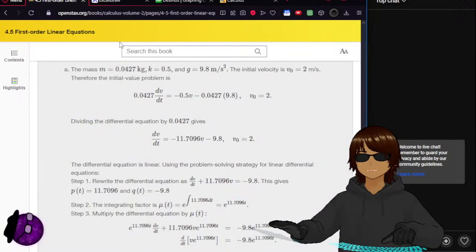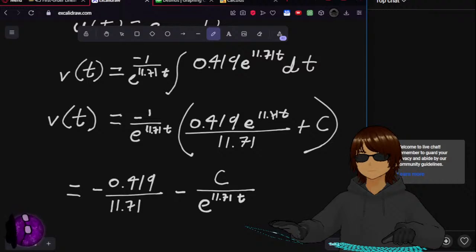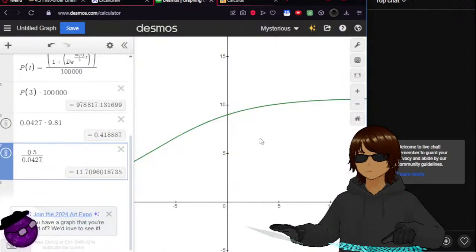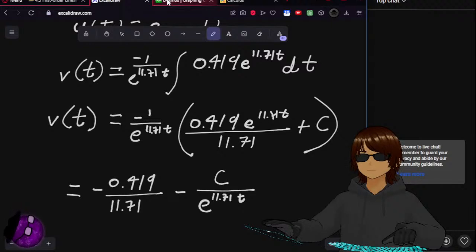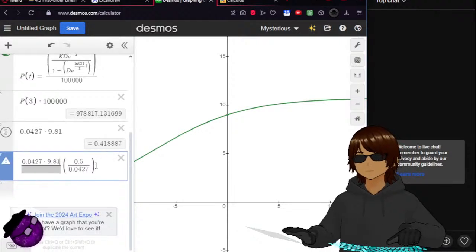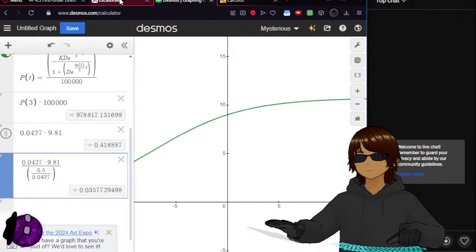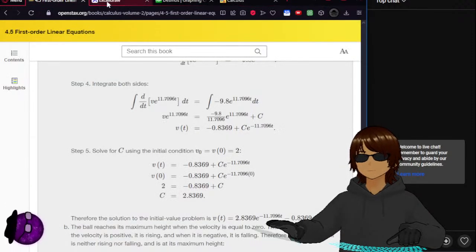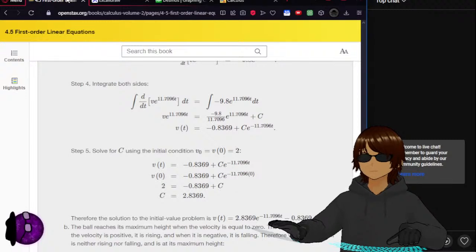So is this correct so far? I don't get what's happening here.